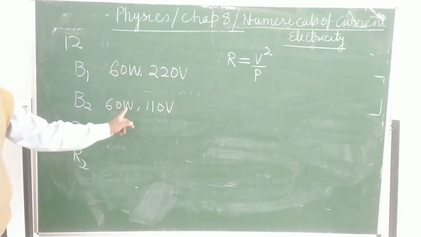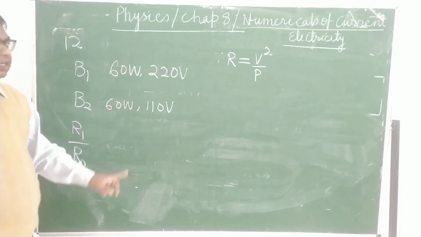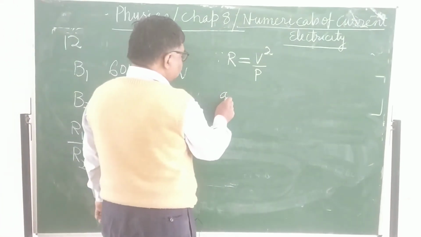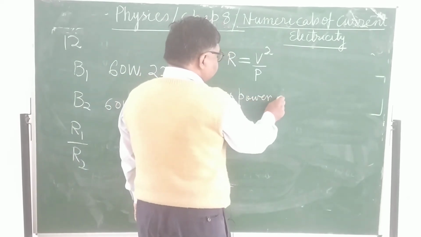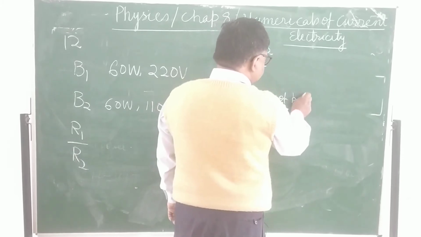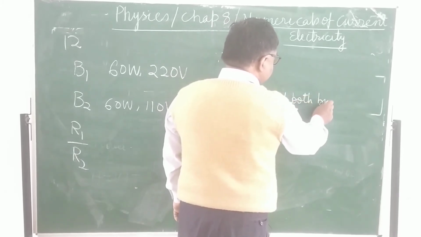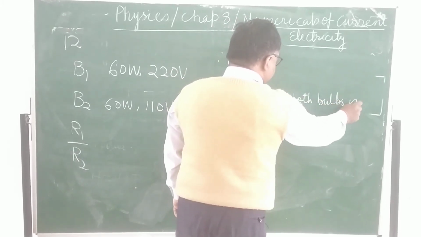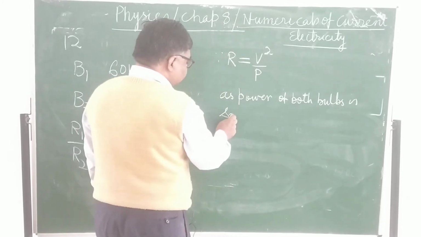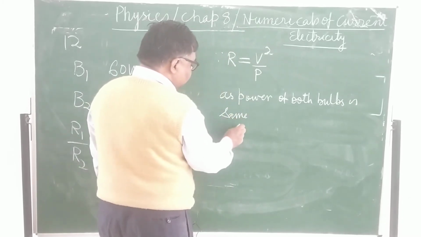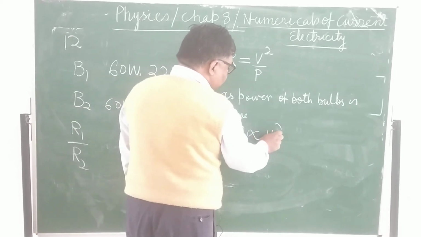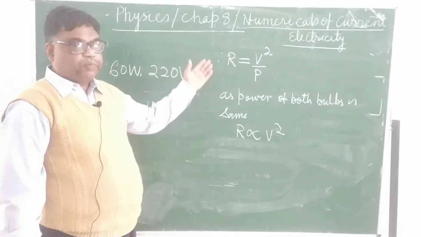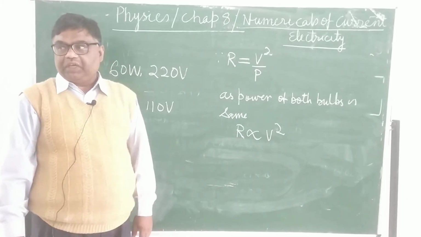As the power of both the bulbs is the same, R is proportional to V square, because P is the same for both.